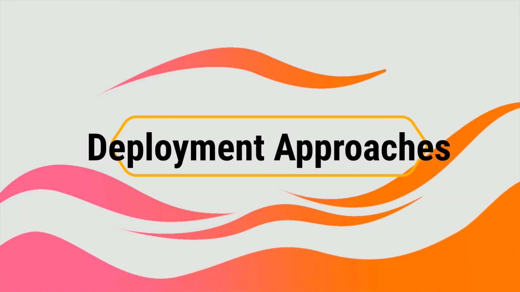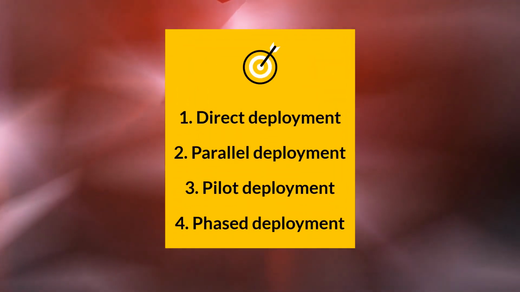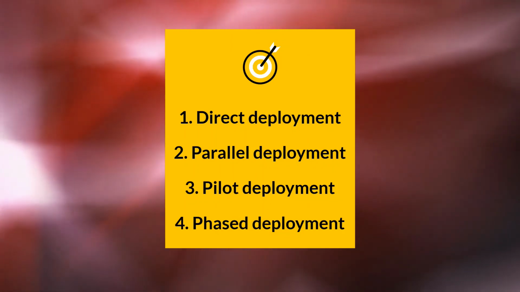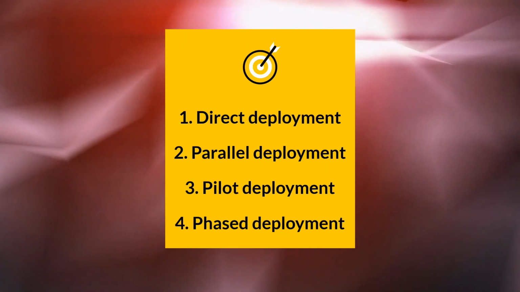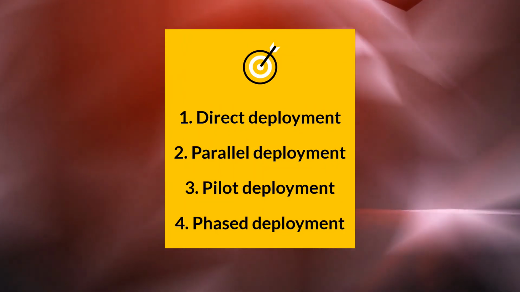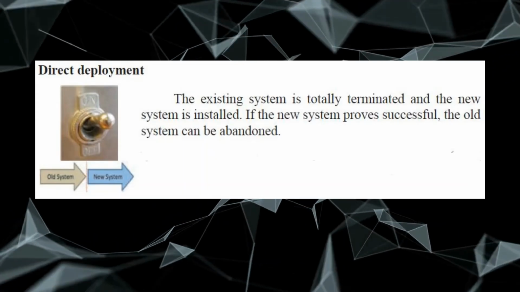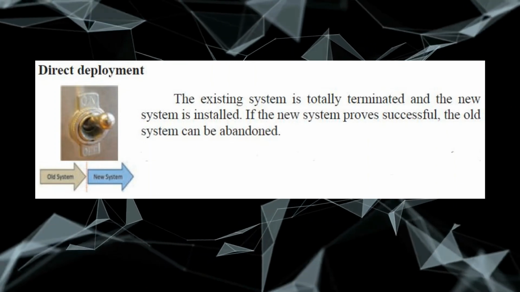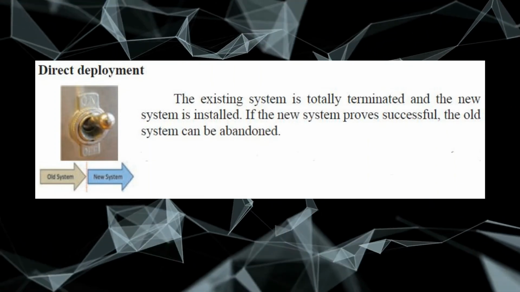Let's learn about the deployment approaches. That is, direct deployment, parallel deployment, pilot deployment, and phased deployment. In direct deployment, the existing system is totally terminated and the new system is installed.